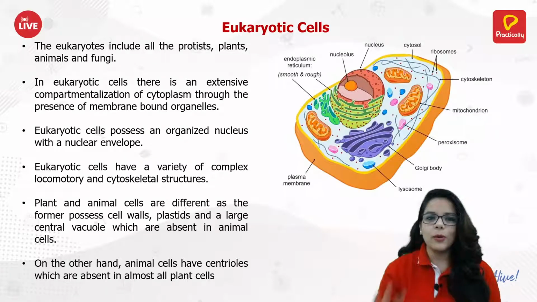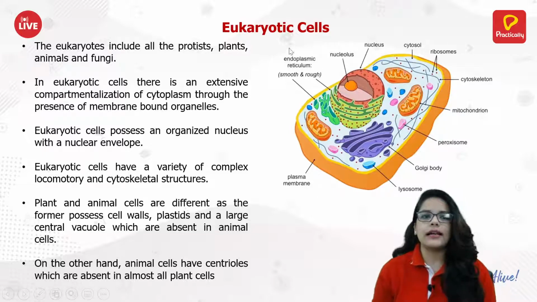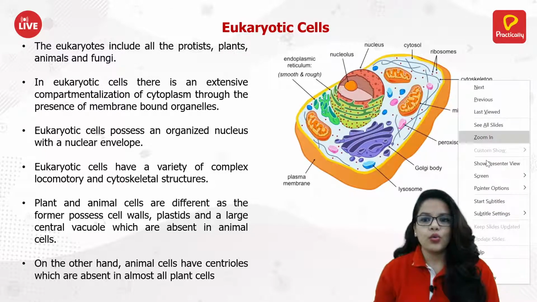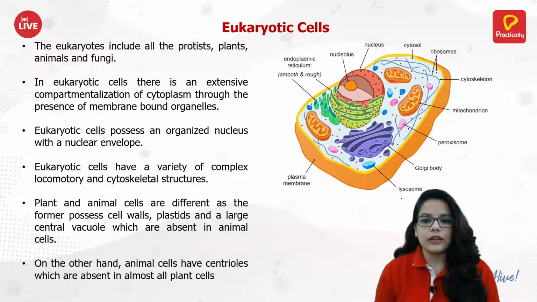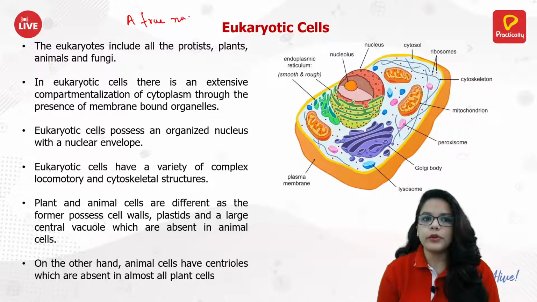So eukaryotic cells. Now, eukaryotic cells are actually the developed cells. What do I mean by developed? The foremost thing you have to think about when you talk about eukaryotic cells is that they have a true nucleus. They have a proper nucleus.